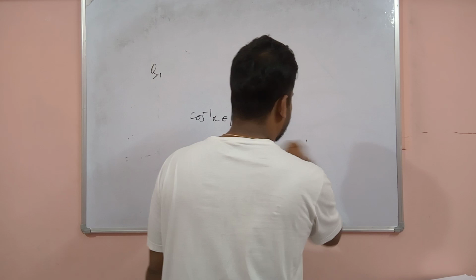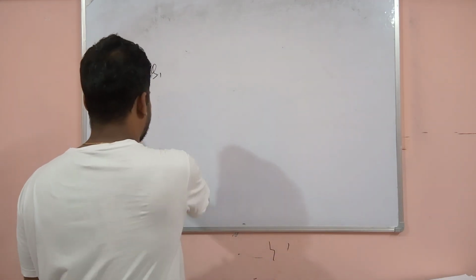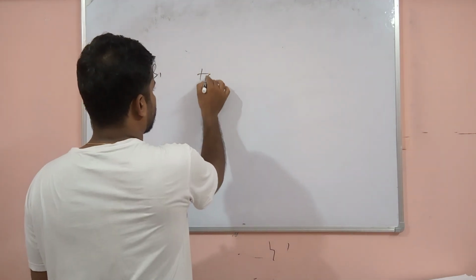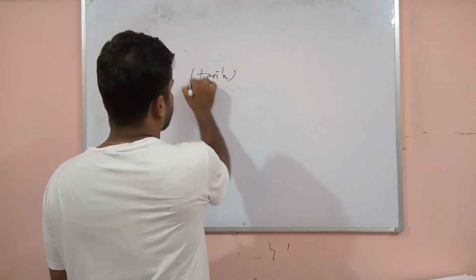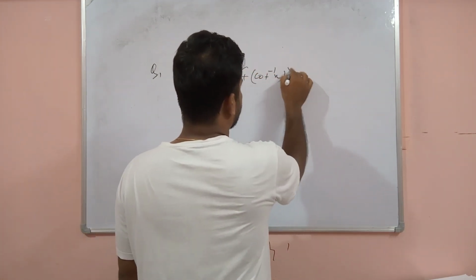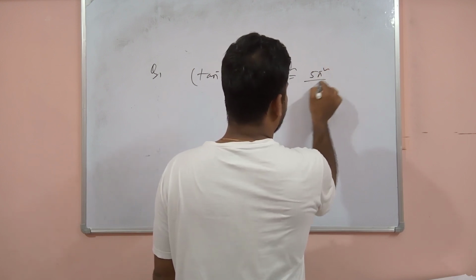Let's see question number 2, what it is. Tan inverse x whole square plus cot inverse x whole square is equal to 5 pi square by 8.